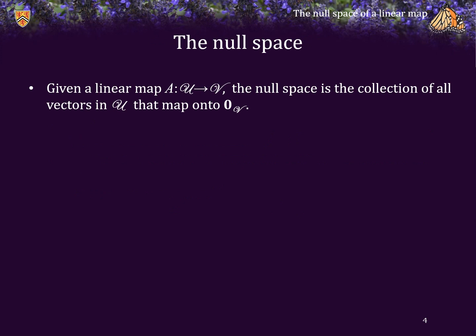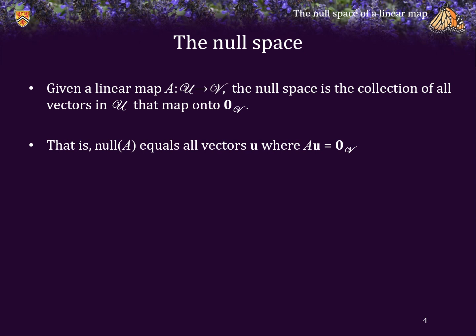So, given a linear map A that maps a vector space U onto V, the null space of A is the collection of all vectors in the domain that are mapped by A onto the zero vector in the codomain.